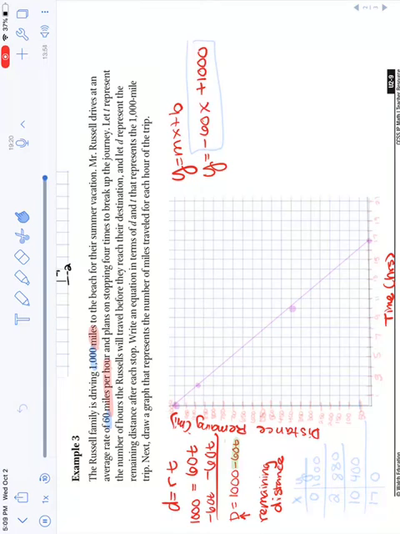All right, so now that we have our labels here, let me get this a little bit tighter. Okay, so we have to figure out what would be an appropriate scale.